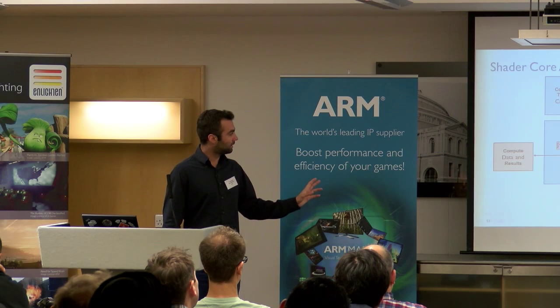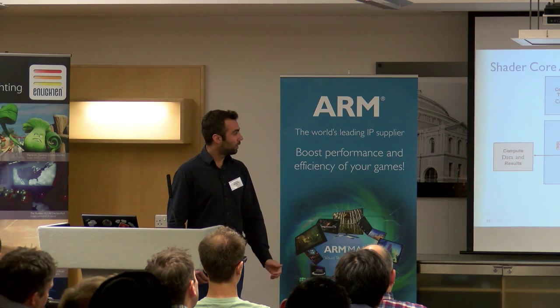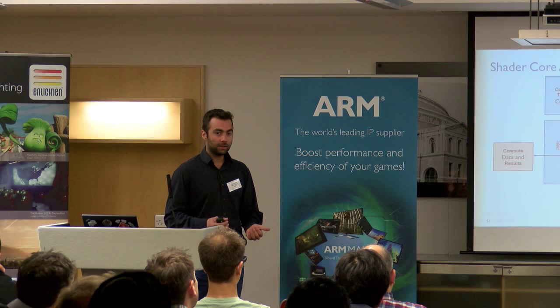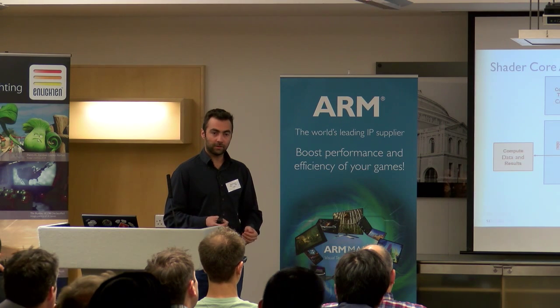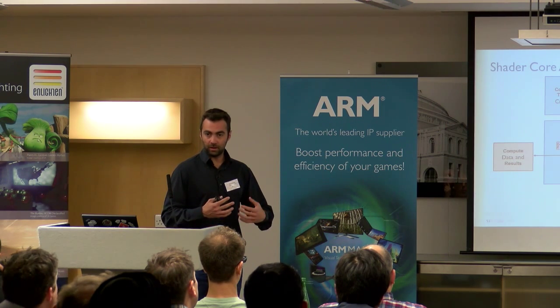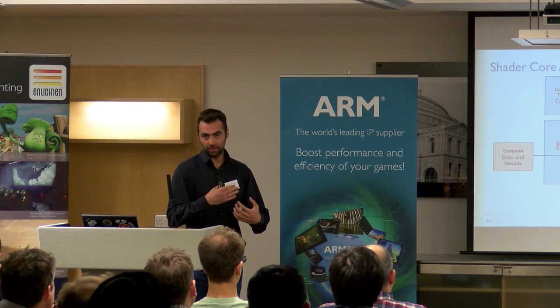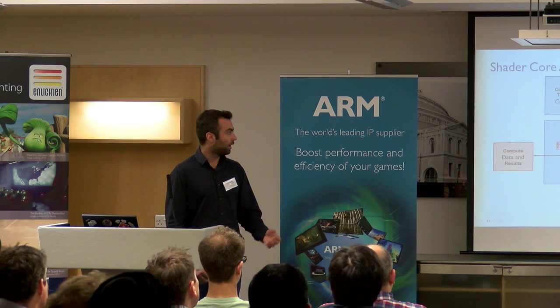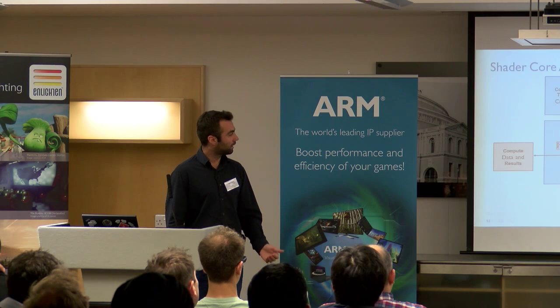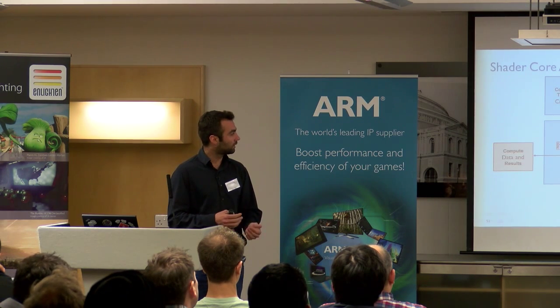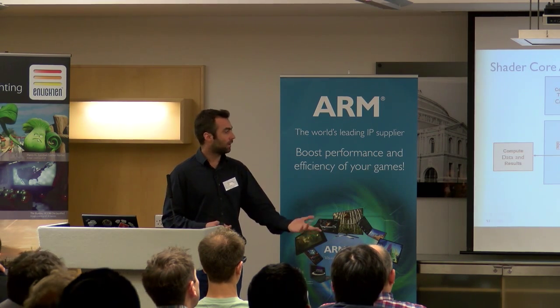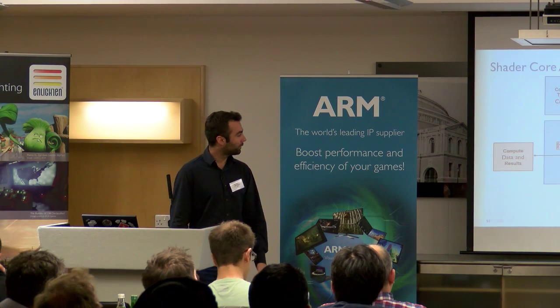Then we have the early Z part of the processing, which is effectively eliminating all the hidden pixels. So any object that is behind some other opaque object in the scene is being processed by the early Z, and we are making sure that we are not going to feed this workload within the tri-pipe.